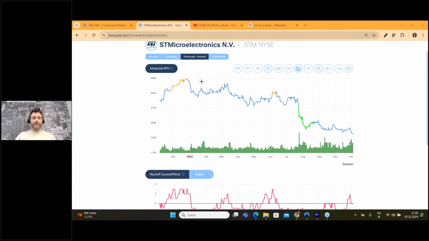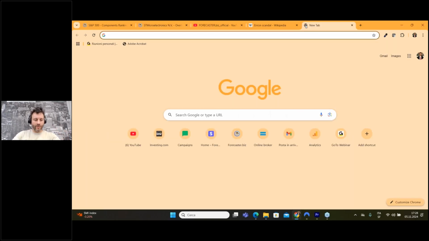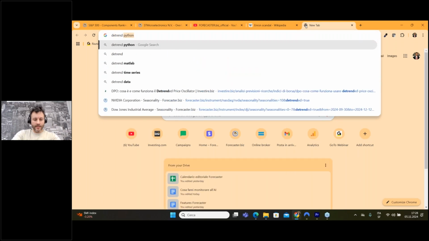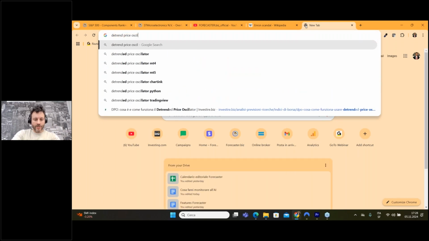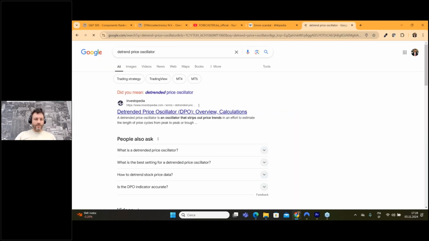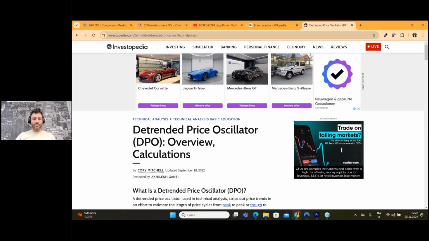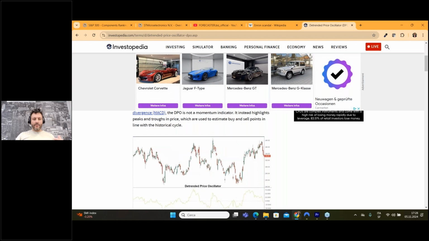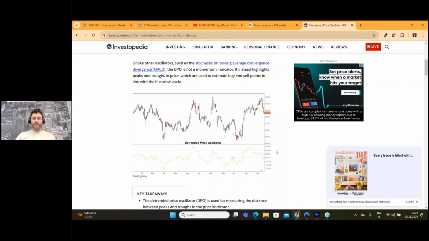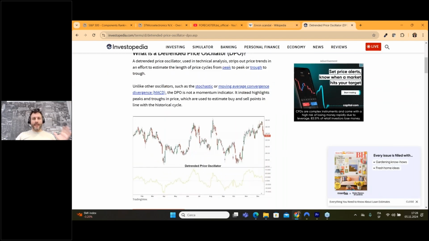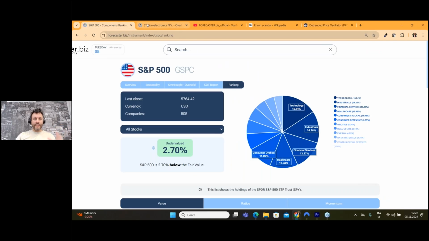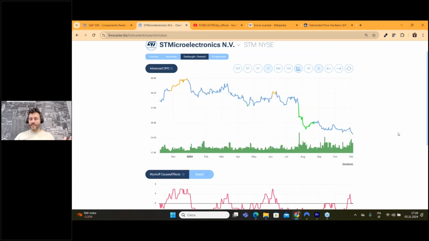DPO, what is it? It's the detrended price oscillator. You can find a lot of material regarding it, and it's a very simple indicator because it gives you the price of a stock, of an index, of something without the trend.